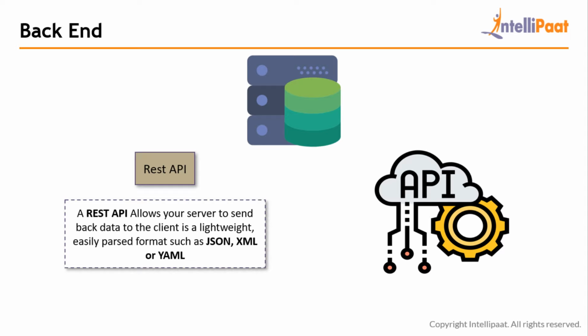If you're planning to use one of those, I would recommend that you use JSON for your web services or your REST APIs, because JSON is by far the most popular data exchange format used on the internet, and many languages have built-in support for parsing and encoding and decoding data to JSON format.